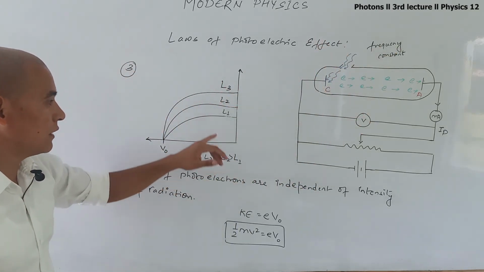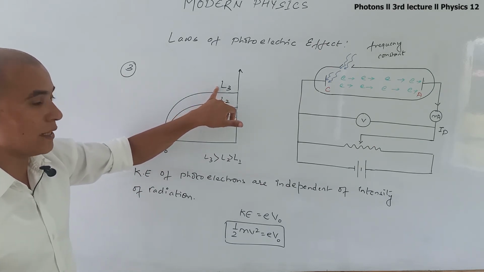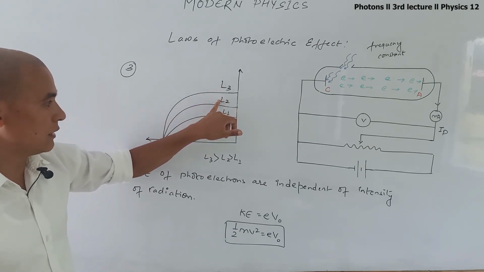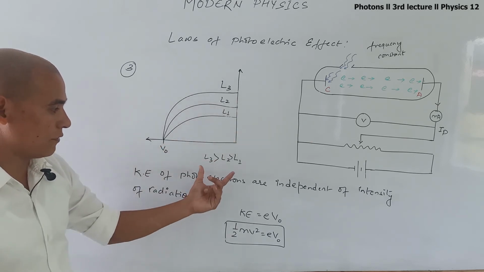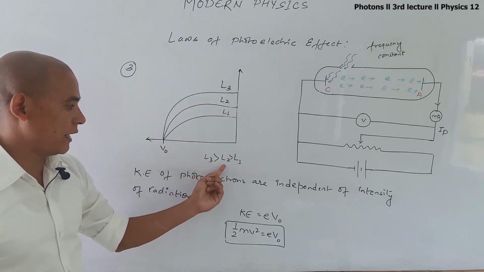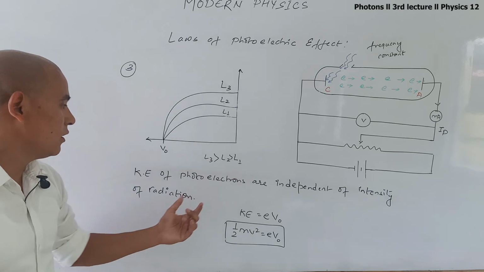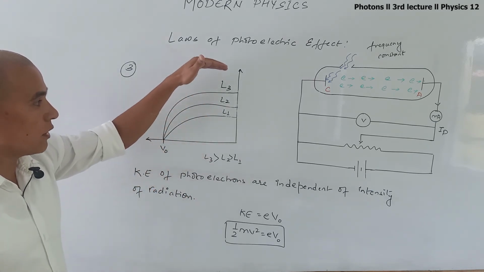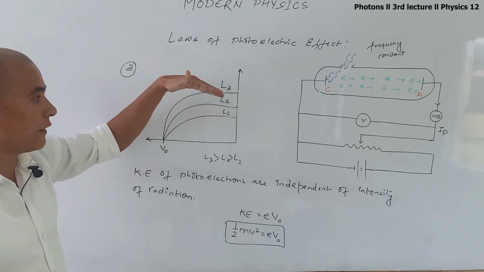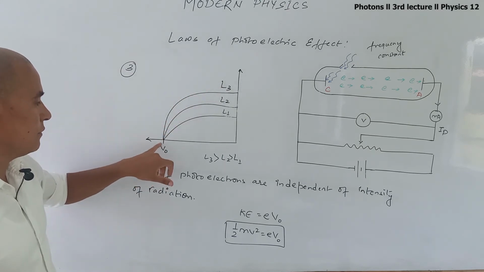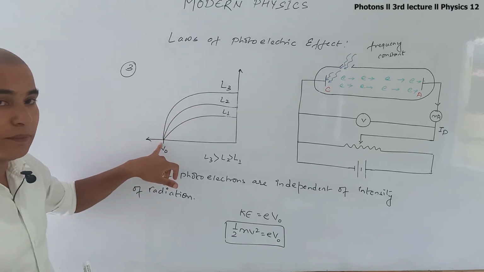So what is observed then? These are the intensities. This is I3, more intensity, then less, again less. I have shown here that I3 is greater than I2 is greater than I1. What is observed is that for all the different intensities, the stopping potential is common.